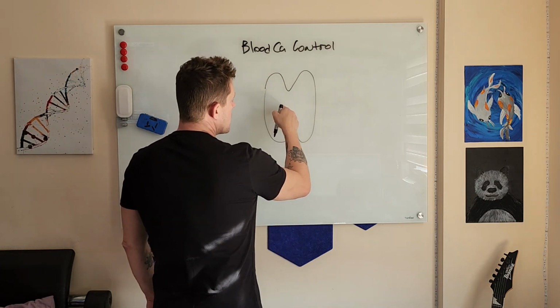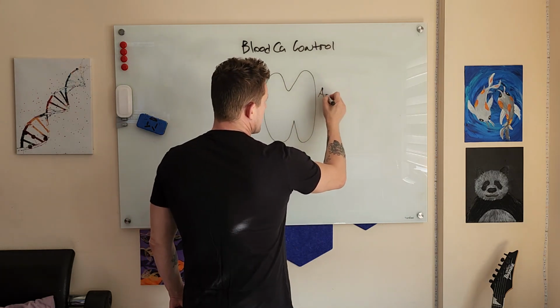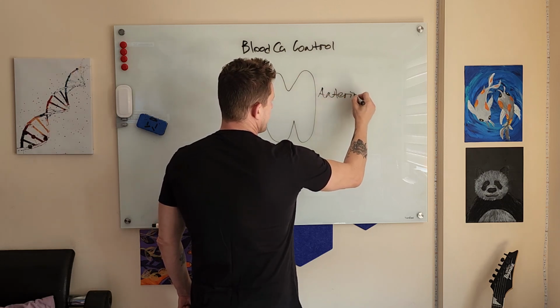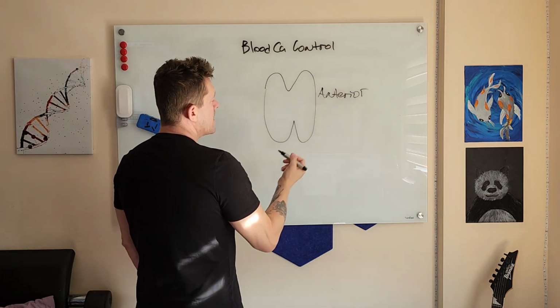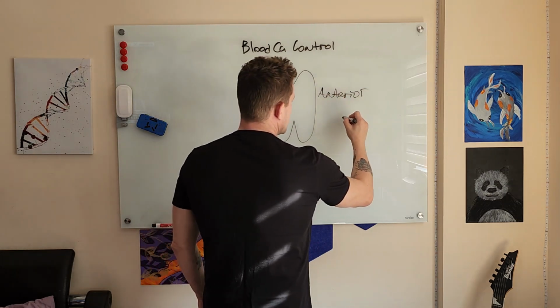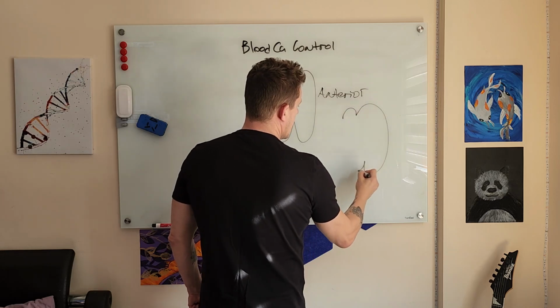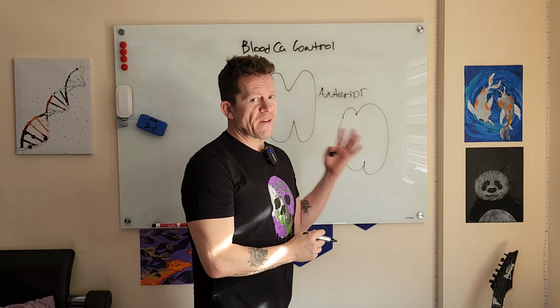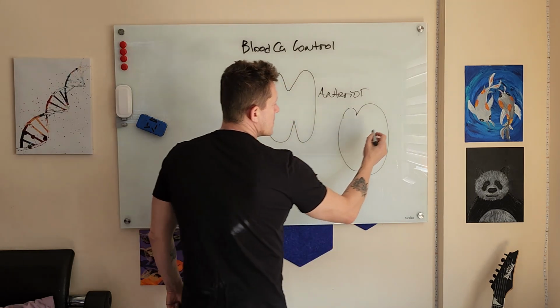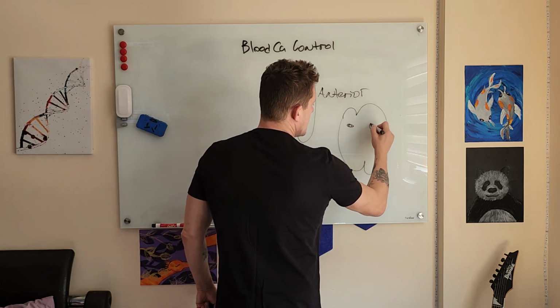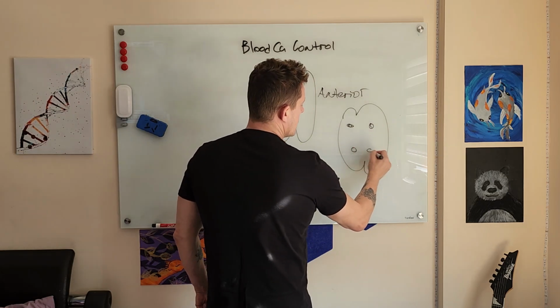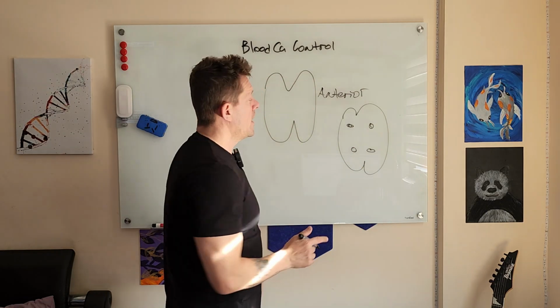So the thyroid gland, let's say this is anterior view, right? And the parathyroid gland, let's say this is the parathyroid gland. I'm a great graphic designer. Parathyroid gland from the back, from the posterior view, looks like this.